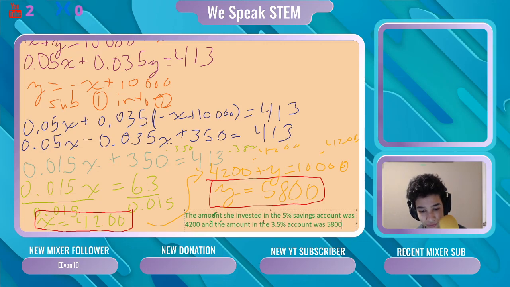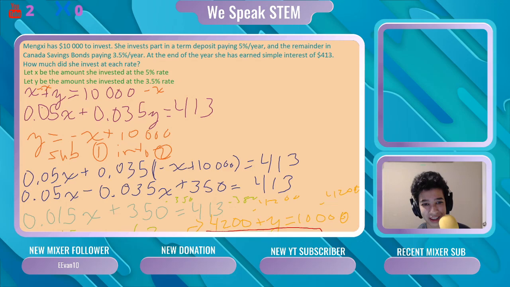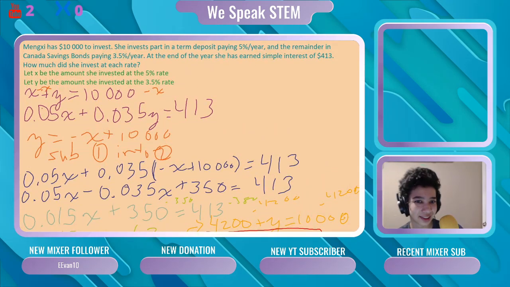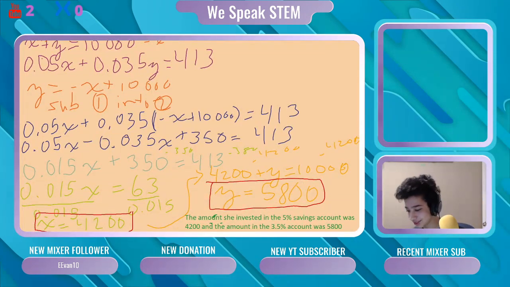I'm having trouble fitting everything on the screen right here. But okay, this is what we have. There's a lot of math here, but I did my best at explaining that. I don't know how well I did. But I think it's okay, right?